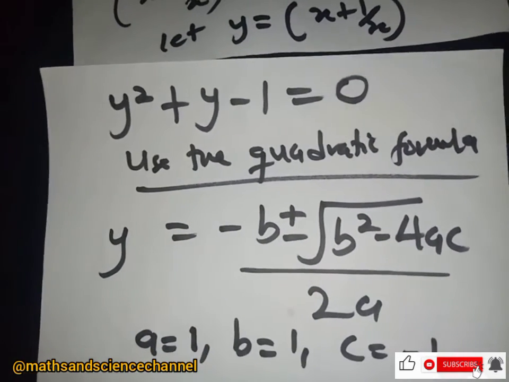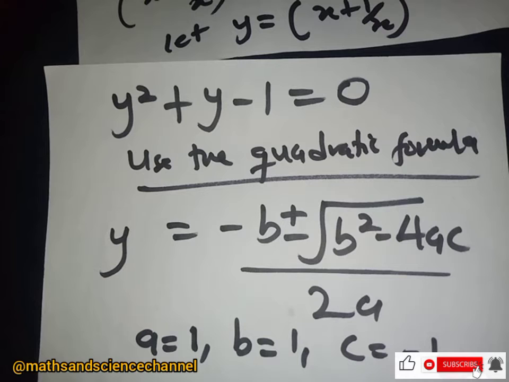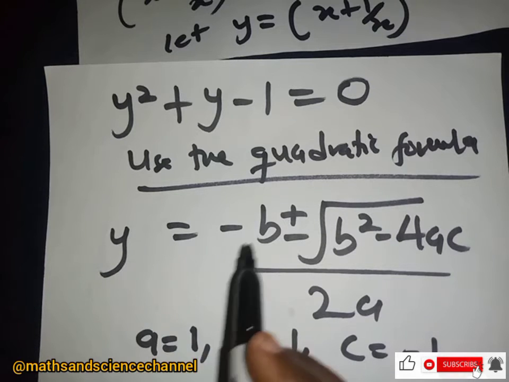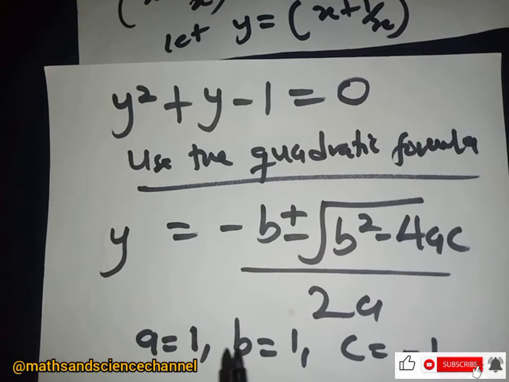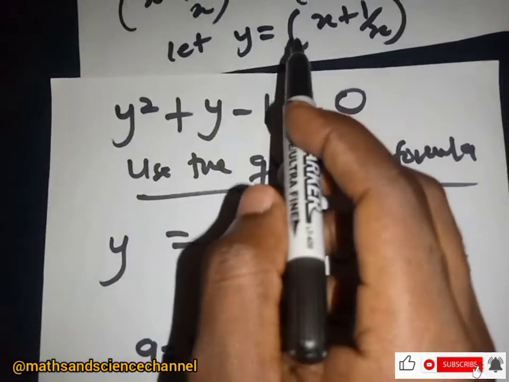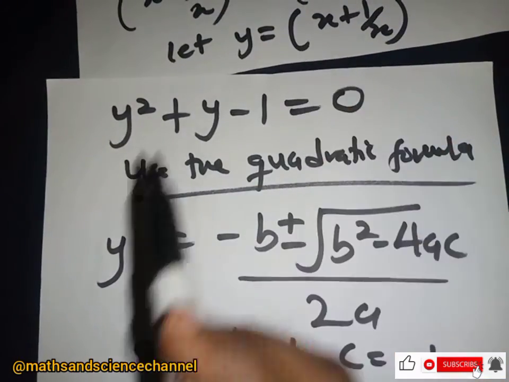Okay, so we are going to substitute this into the general formula to get the values of y. Then after we get the values of y, we are going to substitute back into the assumption we made to get the values of x.